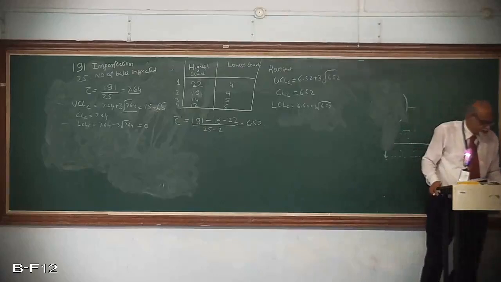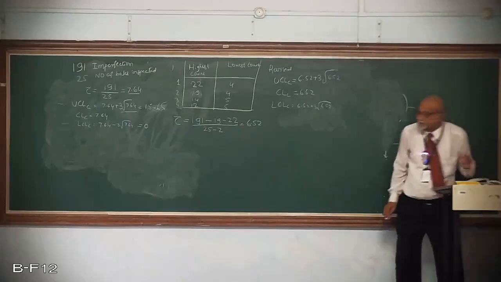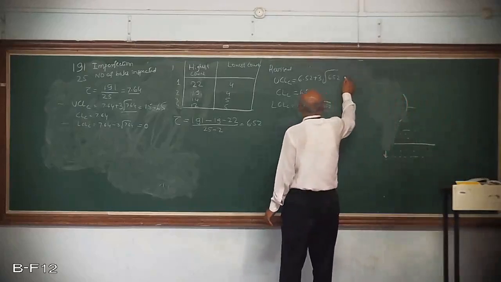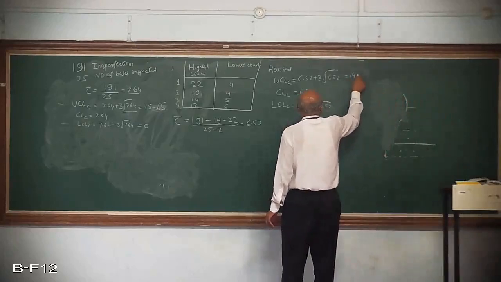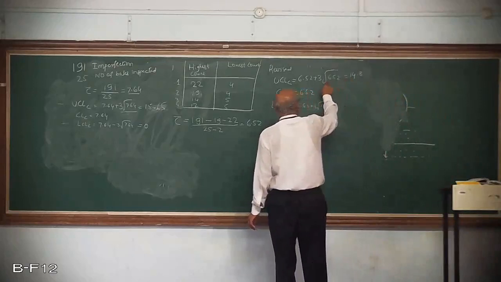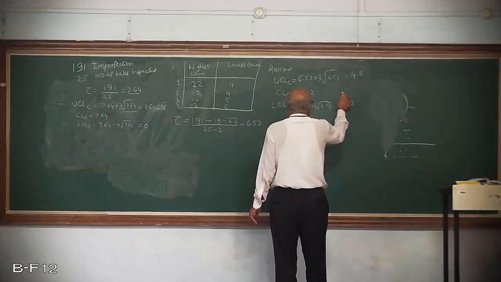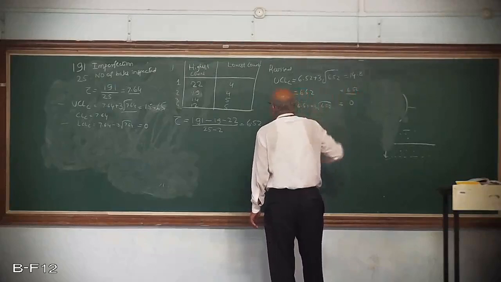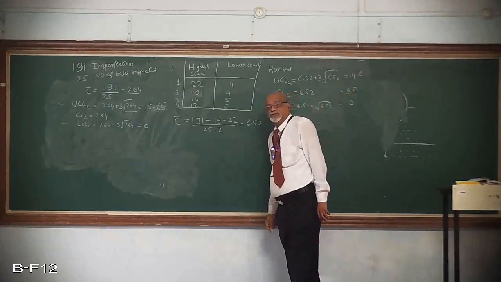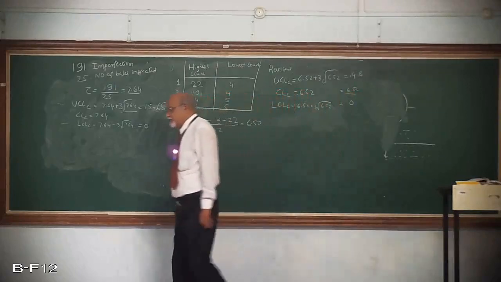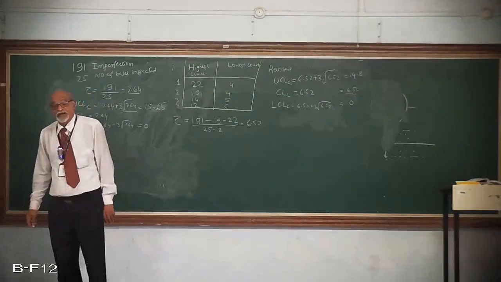Let us see. The upper control limit works out to be 14.8. The lower control limit value is something around 7 subtracted, so it is greater than 6.52, hence it is to be 0. And the central line is 6.52. Got this now? What is the maximum number of imperfections allowed in any of the bales?